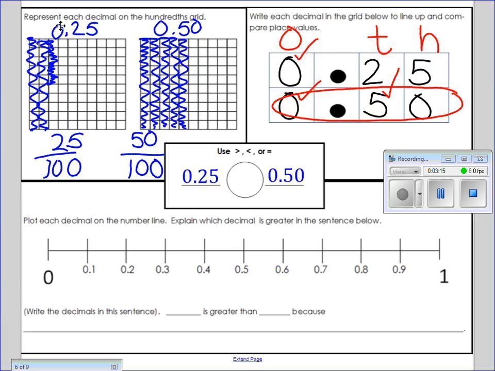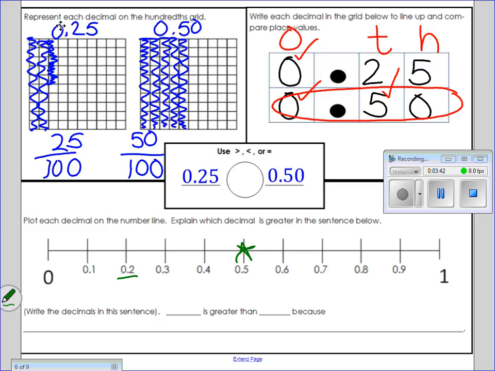Down here on the number line, I notice my number line has only tenths, but I know I can put my numbers on there. One's going to be really easy. 50 hundredths, I know that's the same as 5 tenths. 25 hundredths, I see I have 2 tenths, but I don't have 25 hundredths.